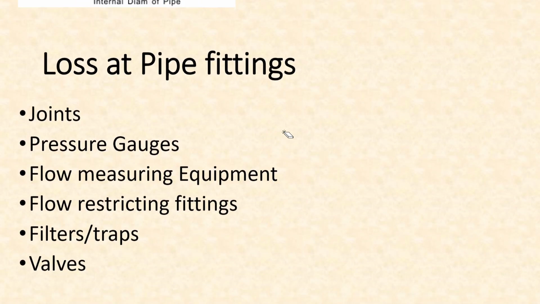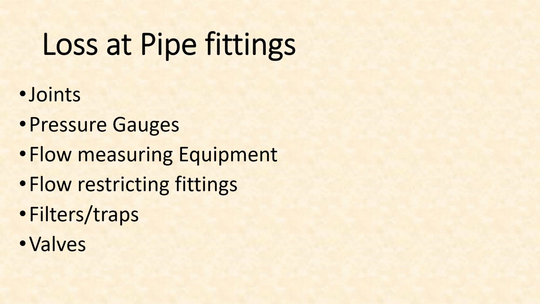Now let's come to loss at pipe fittings. So pipe fittings may be of different types. One may be joints. Joints are used if we want to lay a very long pipeline.